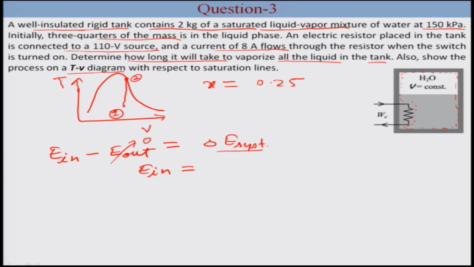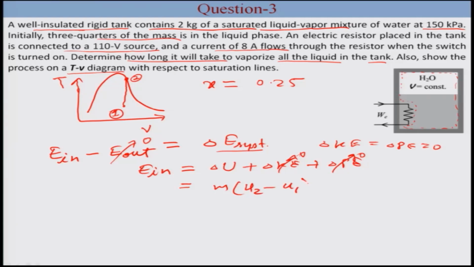Since the system is stationary, delta K and delta P will be 0. Delta E system is nothing but change in internal energy plus K plus P, so these parts are 0. Only the internal energy of the system will change, which is mass times change in specific internal energy.